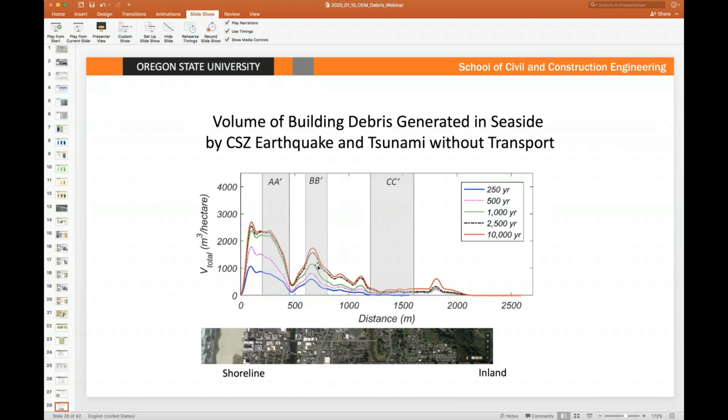And then it picks up again right around Highway 101, and then it dies off. So our question is, what happens to all of this debris that could be generated? Is it going to stay here, or like in the pictures that we started with, with the boats and the roads, is it going to get washed inland?